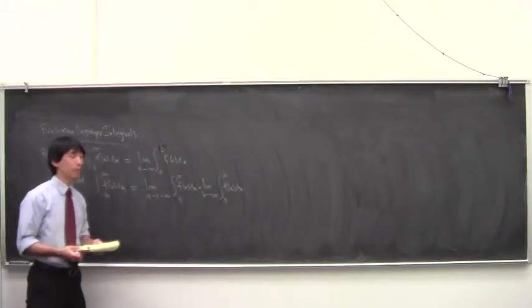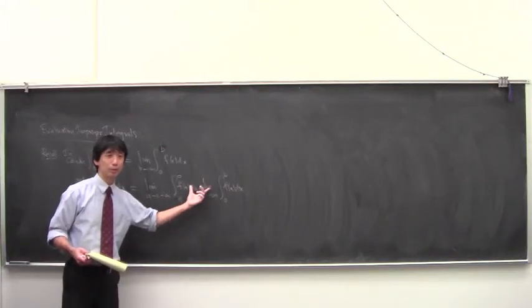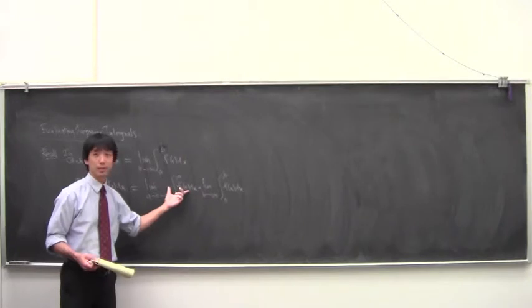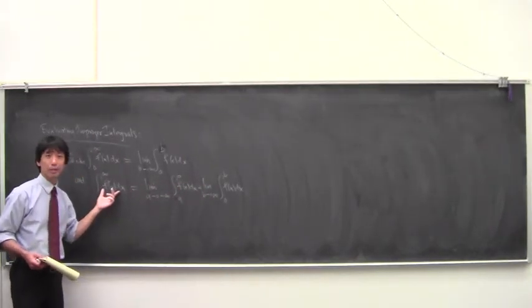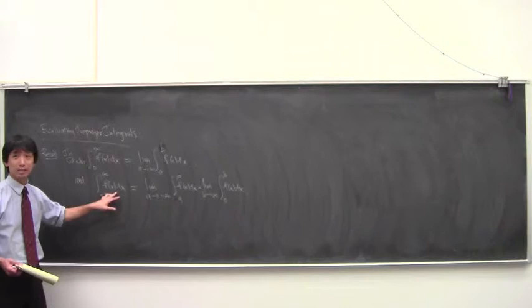So for this integral to exist meant that two improper integrals existed. Each of these limits exist, and you take the sum, you get some value, you call that thing the integral from negative infinity to positive infinity.